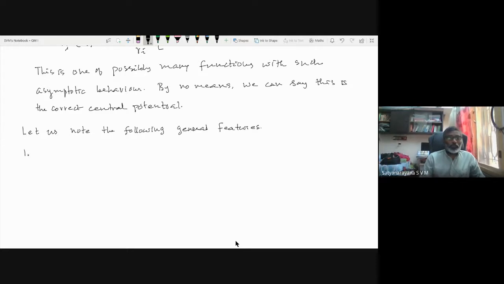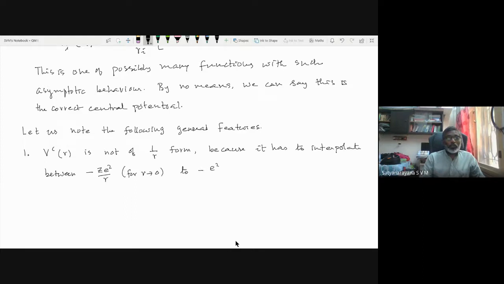The first one is that your central potential Vc of R is not of 1 over R form, because it has to interpolate between minus Ze square by R for R going to 0 to minus e square by R for R tending to infinity.